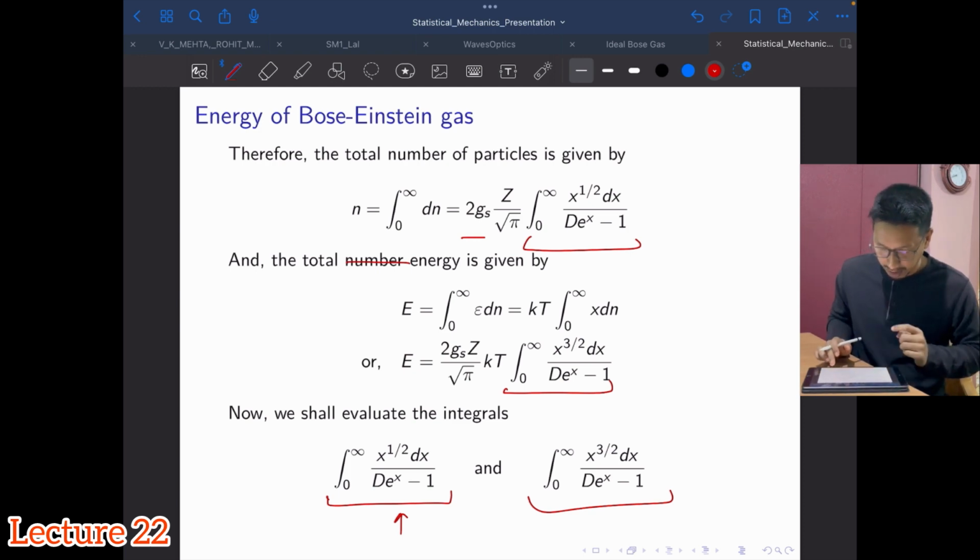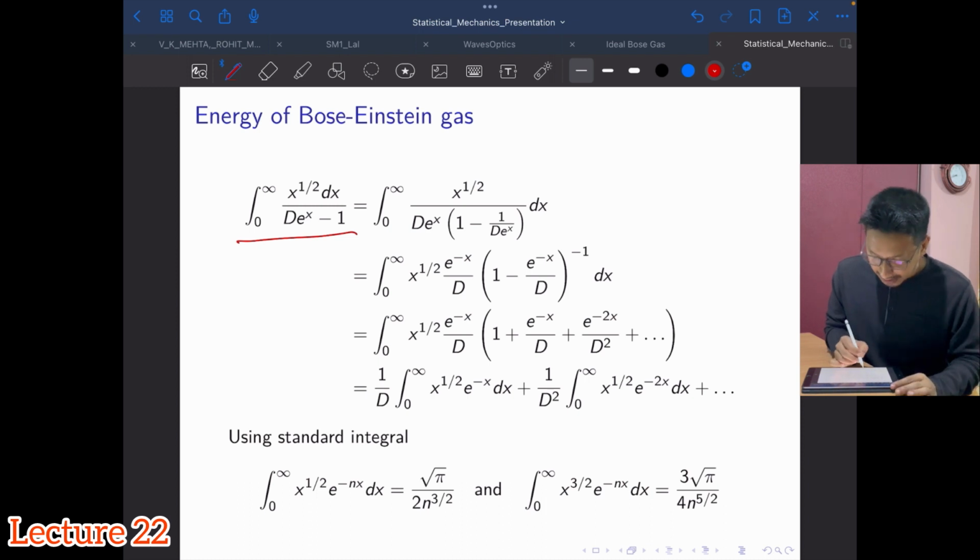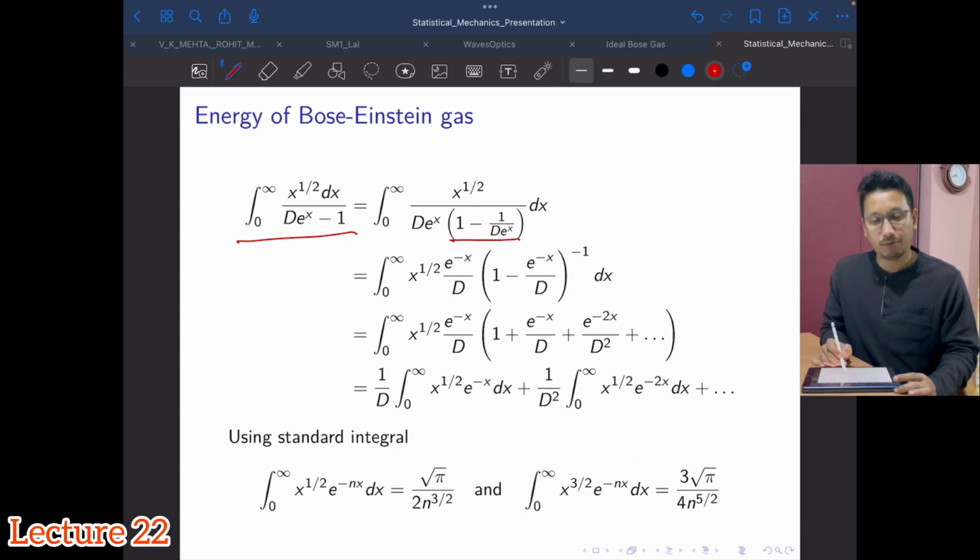Now if you take this integral and in the denominator you take this e to the power x common, you will remain with this expression. Take this to the top, in this fashion. Here now, take this expression and use the binomial expansion.